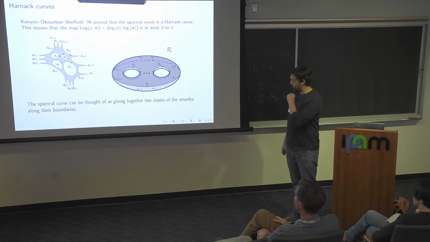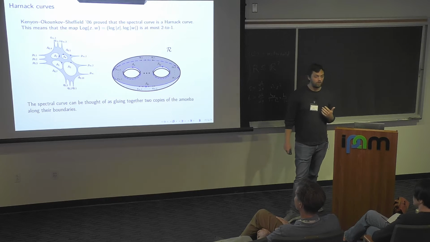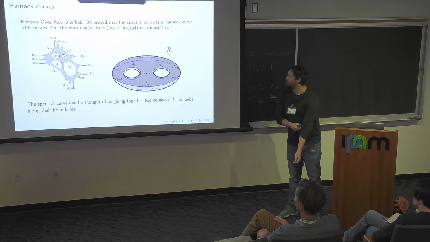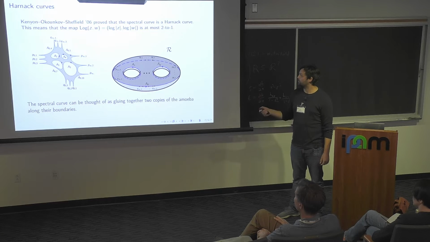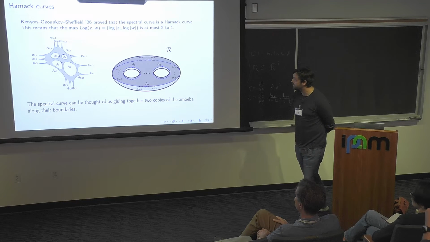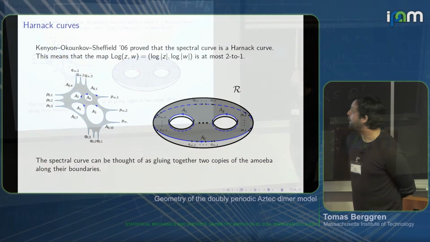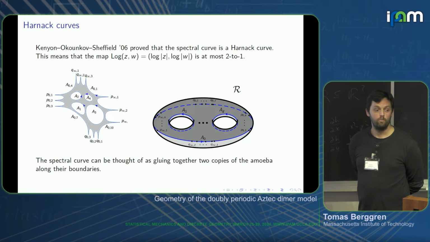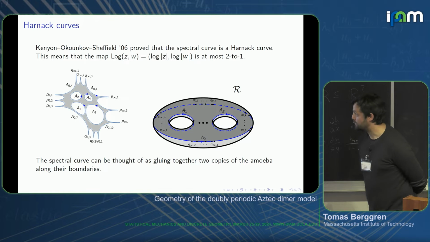And why is this a very nice thing to look at? Well, it's because it was proven, again in this paper by Kenyon, Okounkov, and Sheffield, that the spectral curve which you obtain from the dimer model is a so-called Harnack curve. And what does that mean?